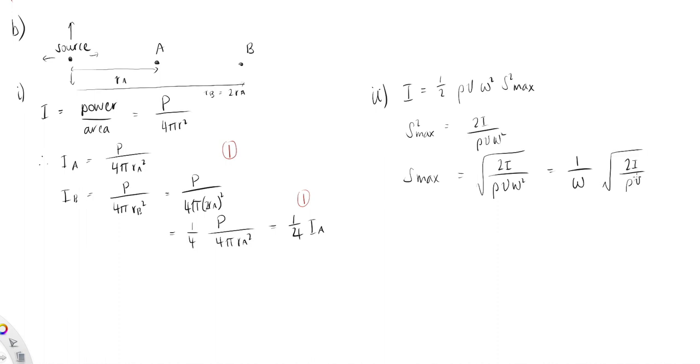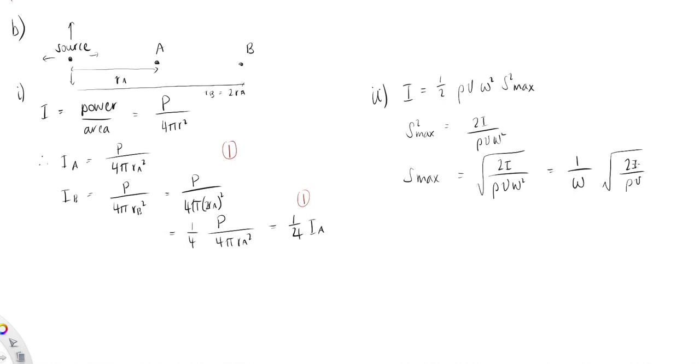Okay, so we have our formula here for the displacement amplitude, where we have omega, which is the angular frequency, we have the wave speed, which is v, the density of the medium is rho, and we obviously have our intensity here.